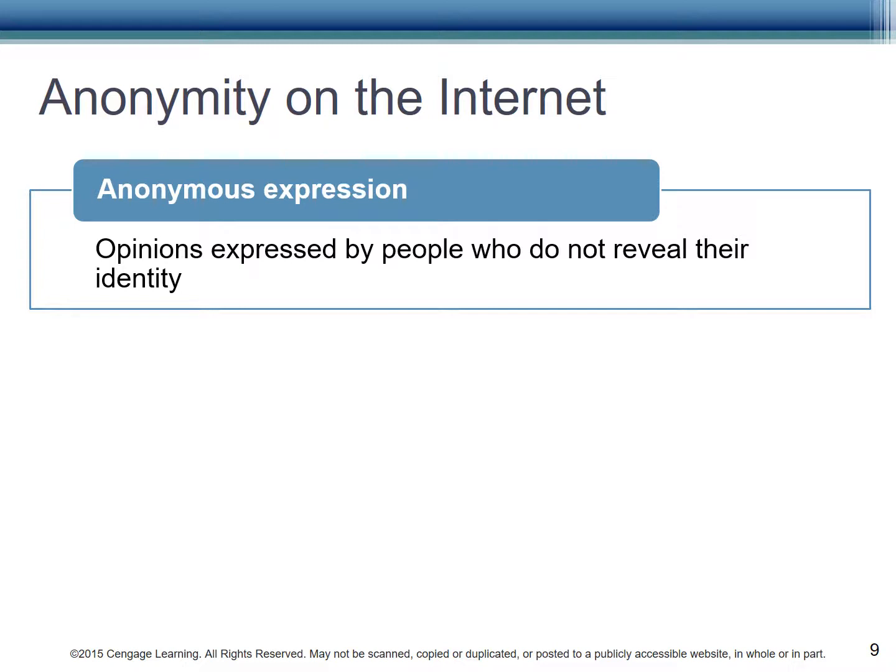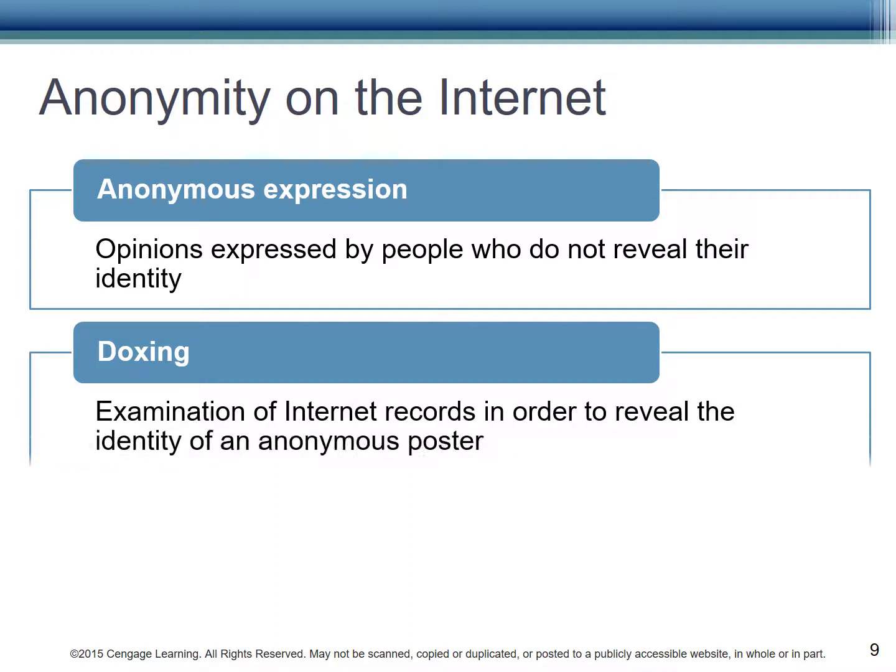You can have an ID that gives no indication who you are, and then you're able to freely express yourself without feeling that something will be done against you. You're also freer to say things that you might not say were you not anonymous.